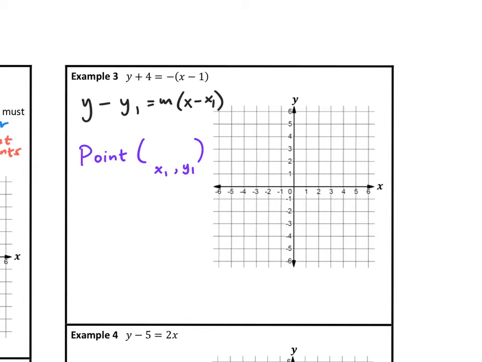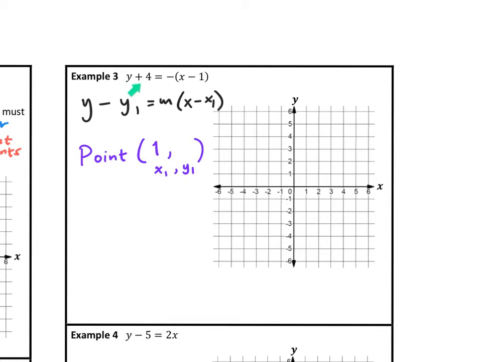So what's going to be my x1? Well, I see a minus 1 here. So what's the opposite of minus 1? Positive 1. Positive 1. Let's look at the y.